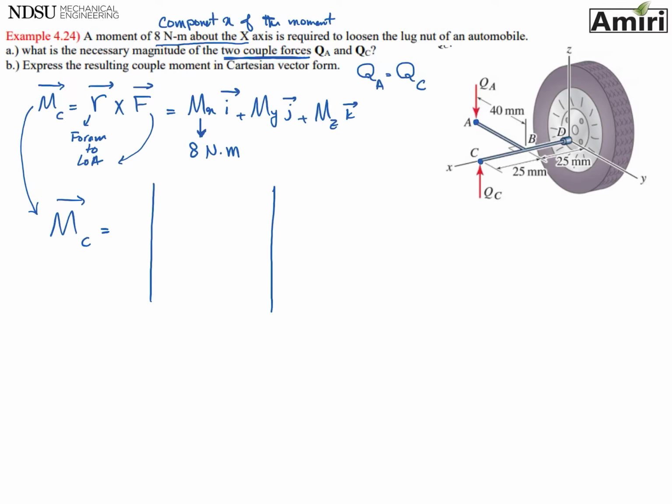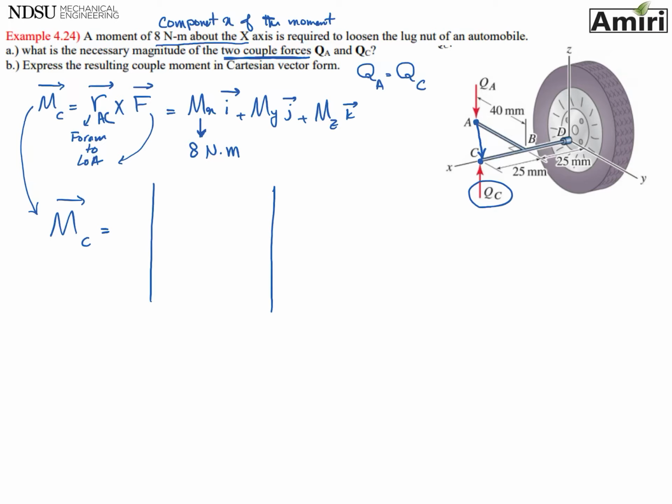Point C and point A are on the lines of action of QA and QC. So from one of them, it doesn't matter. I can go from A to C or from C to A. I chose to go from A to C. And if I choose A to C, which force do I have to use? I have to put QC in this matrix.